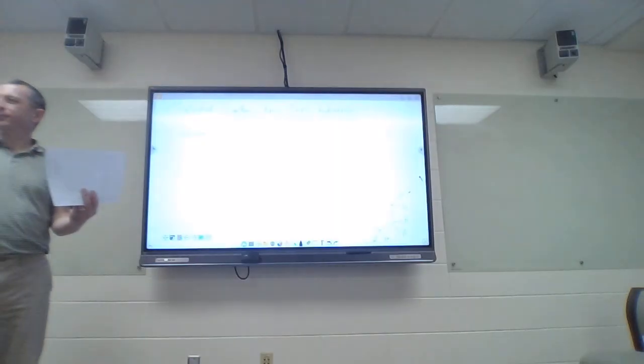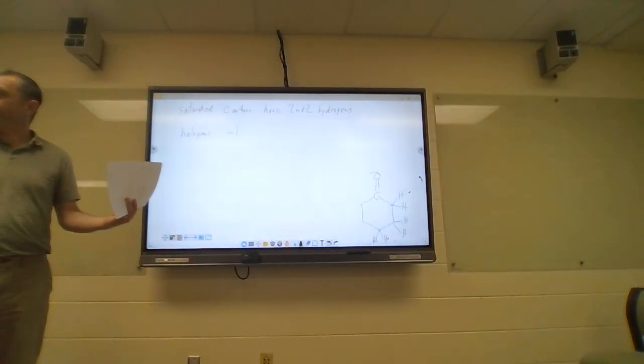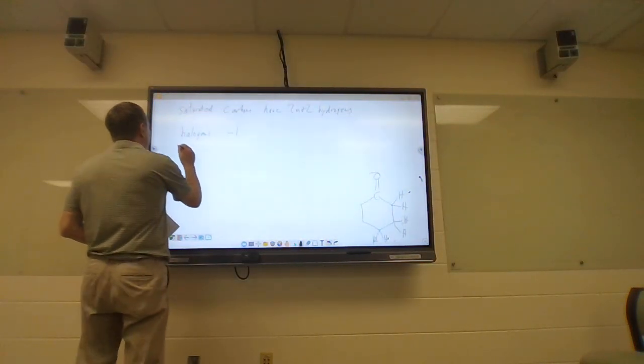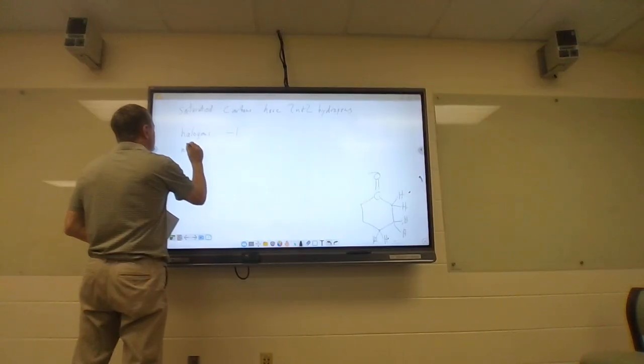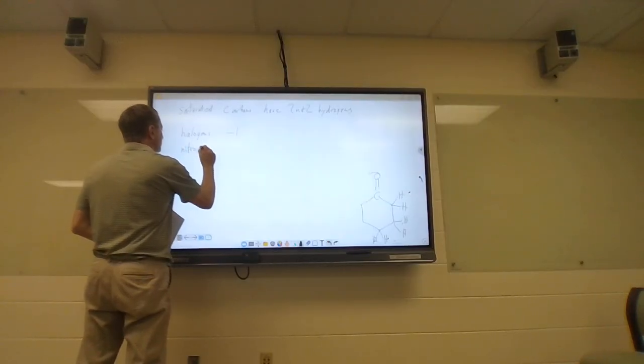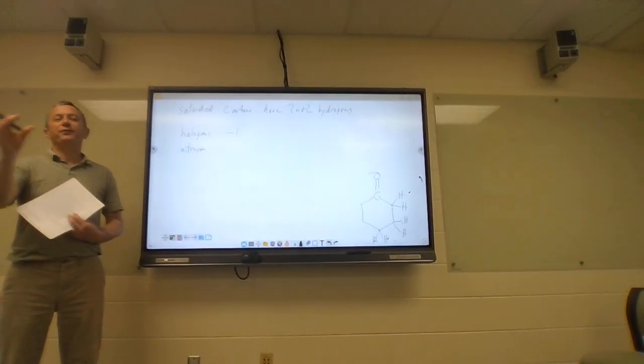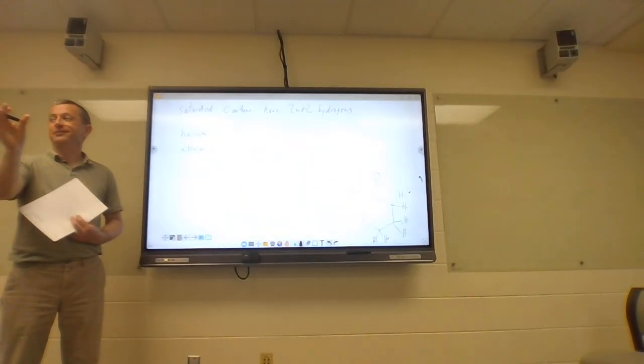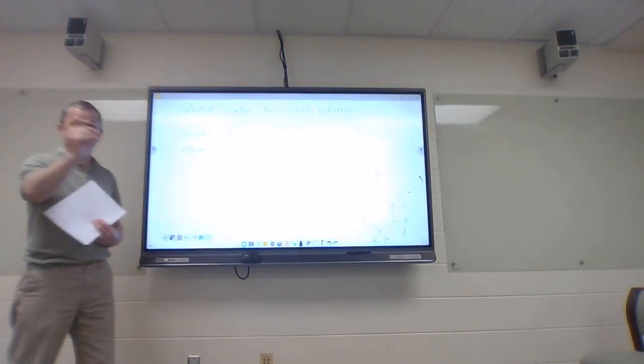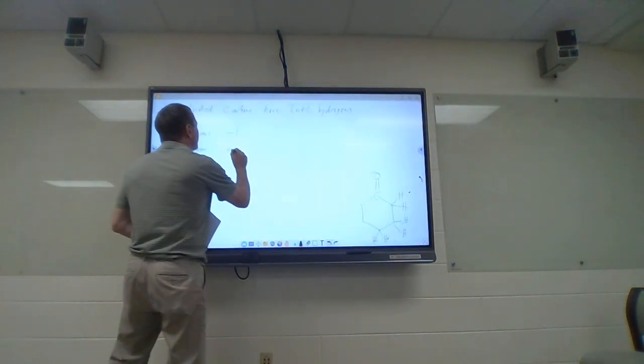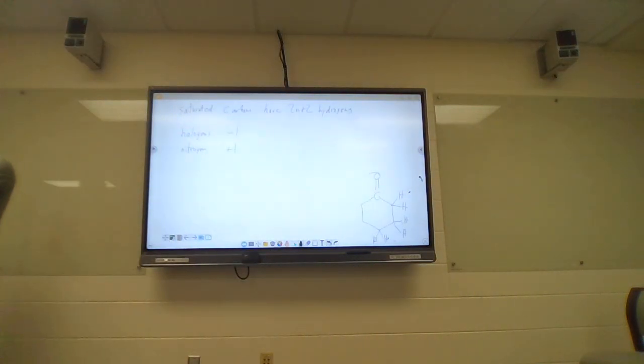If I put an oxygen on there, it's an OH instead of an H. I still have that one hydrogen, I just added an oxygen. Replace the hydrogen with a nitrogen, it's going to be an NH2. So I would add a hydrogen for every nitrogen in that structure. Worrying about sulfurs and phosphorus and all that, I don't think that's very practical.